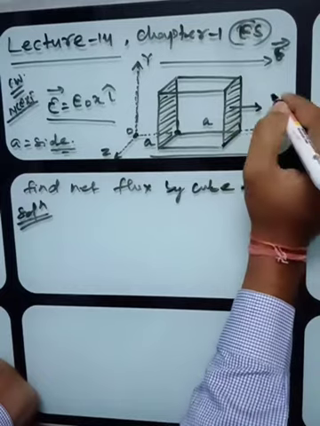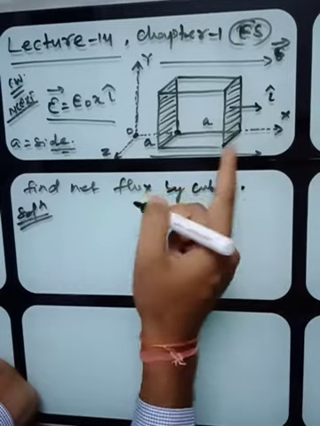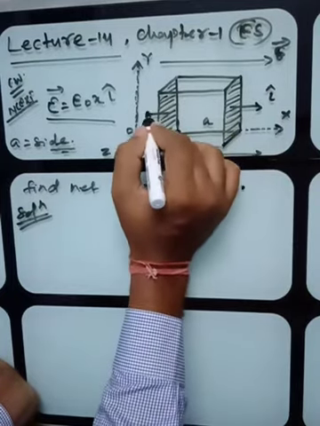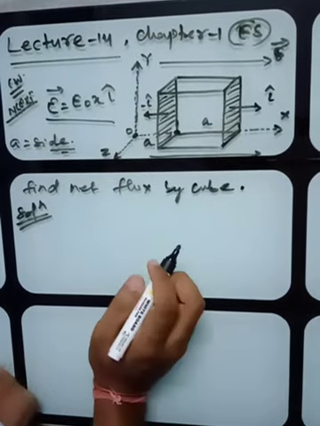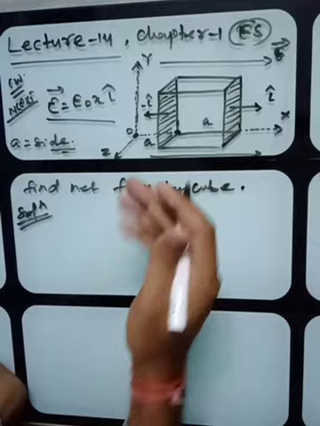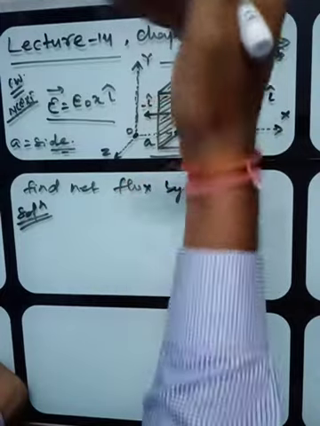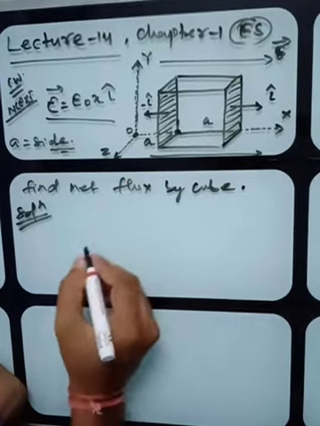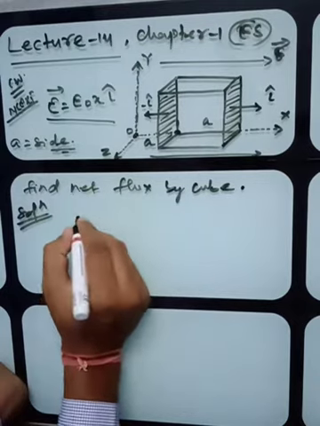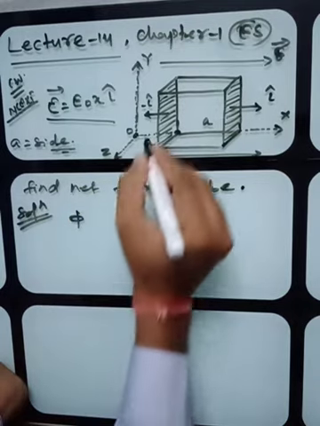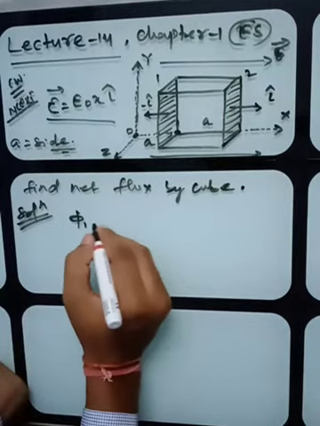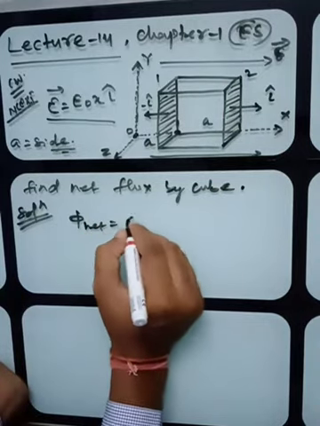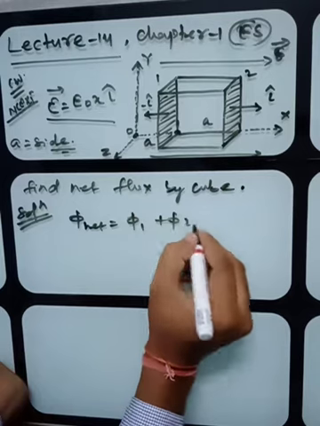Here the direction of the area vector is i cap for this one, and here it is minus i cap. Okay students, now we'll find the flux, and for the rest of the four faces, the electric flux will be 0. Now suppose this is surface 1 and this is surface 2. Here phi net is phi 1 plus phi 2.